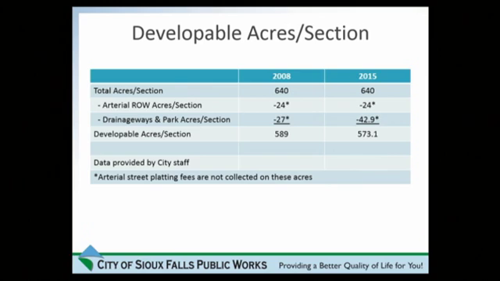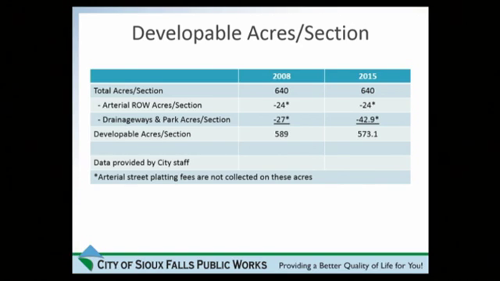Okay, the other change we talked about is the amount of developable acres per section. In 2008, the number was 589. Today, it's 573.1. We subtract out from 640 the arterial street right-of-way, which amounts to 24 acres.